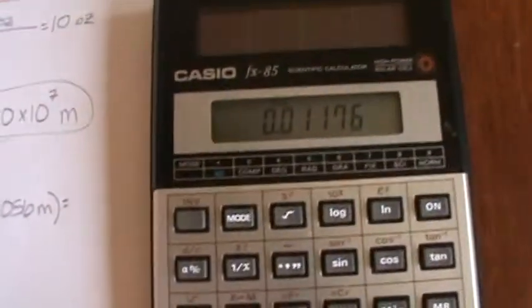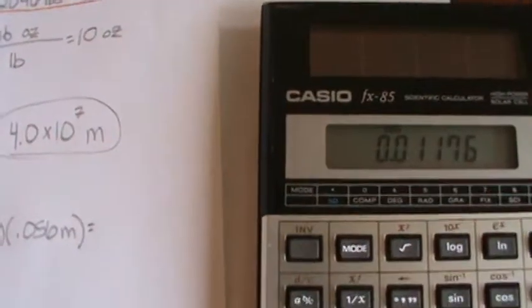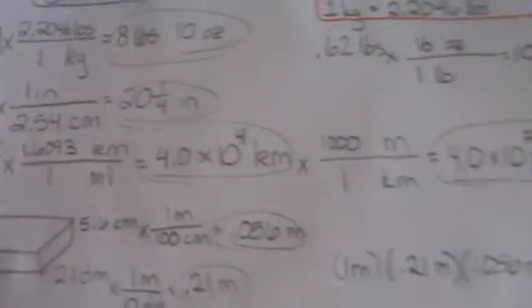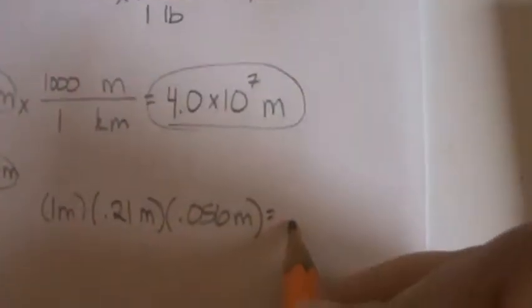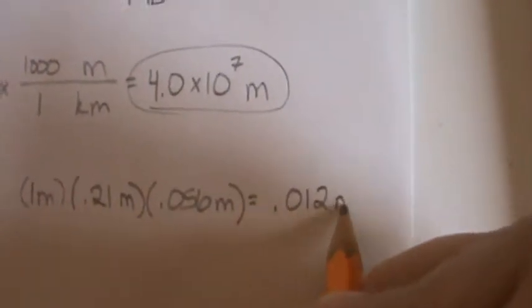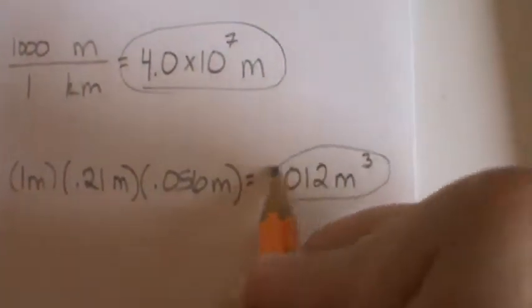And we end up with 0.1176. Okay, but I can really only have, oh, now I think that was 0.0118. Okay, so there are two significant figures that we can have, and that gives us 0.012 meters cubed. All right, step 1.